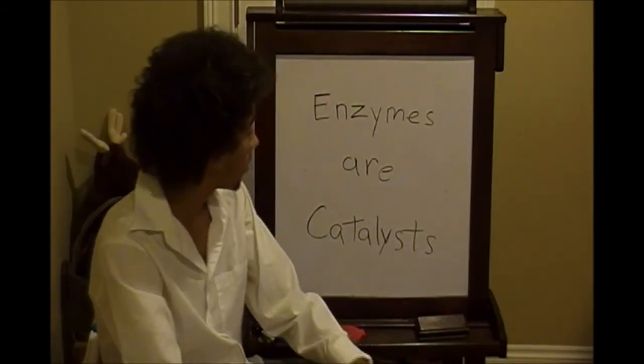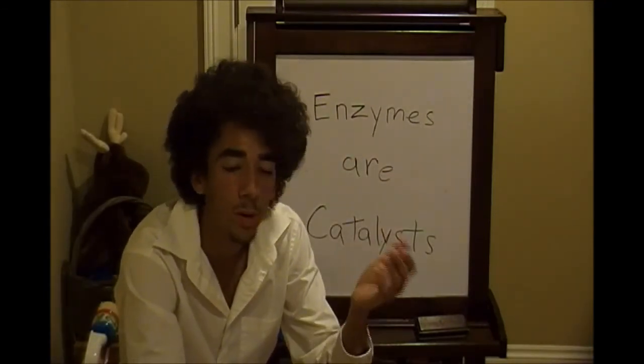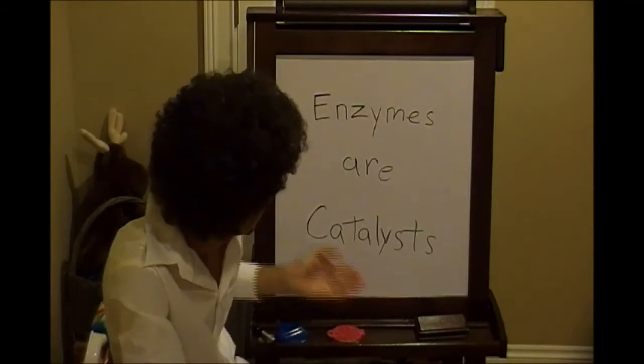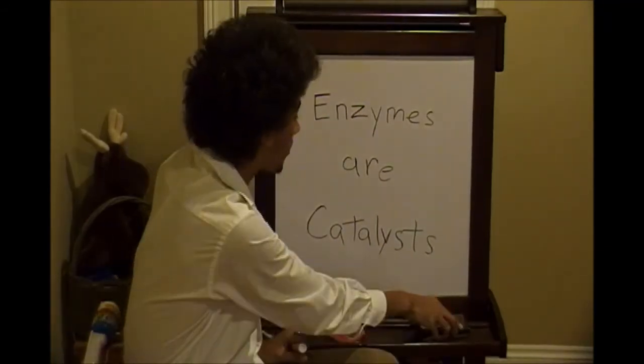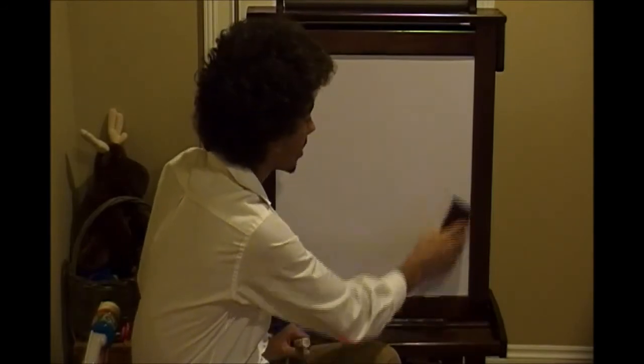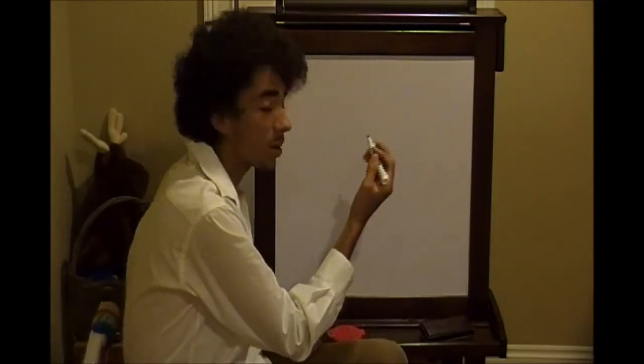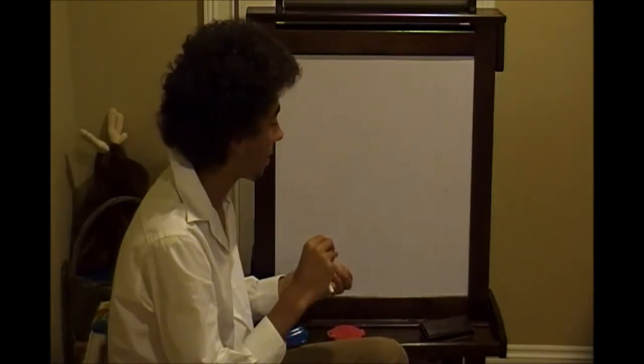Now, enzymes are a kind of protein that is in fact a catalyst, and its job is to break apart compounds in the body. Whenever you eat something or digest something, enzymes are what break it up into smaller compounds.